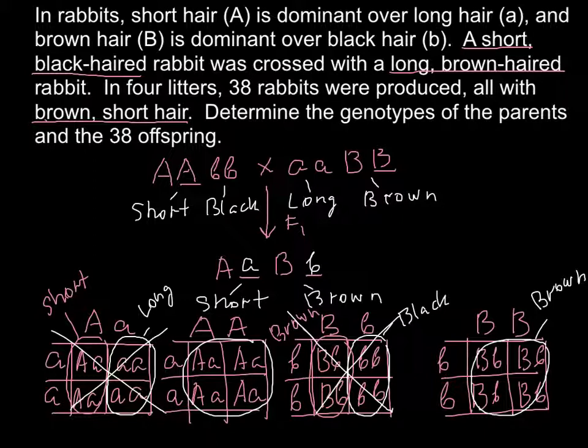So this explains why all the progeny have this phenotype and this genotype. So we solved this problem. Here is the genotype of the parents, and here is the genotype of the progeny.